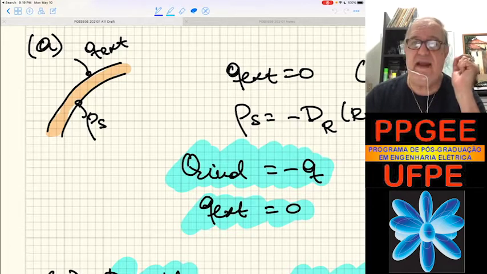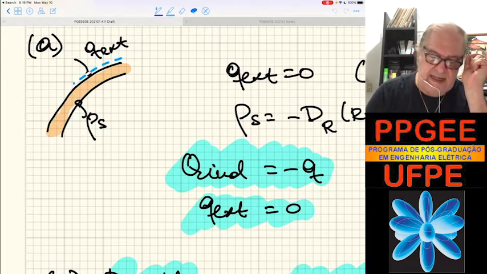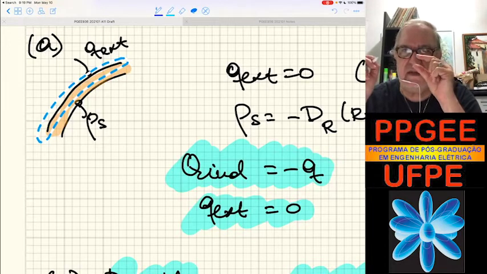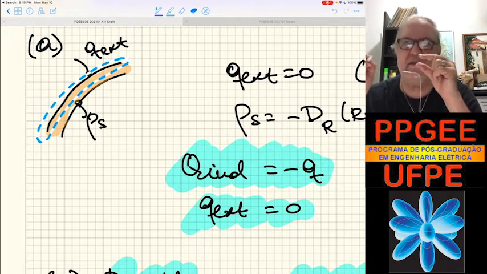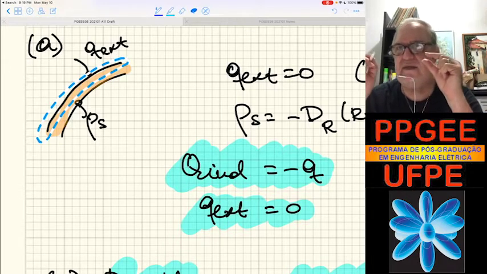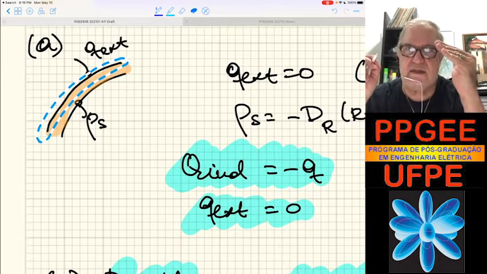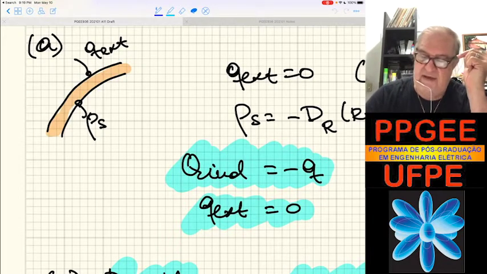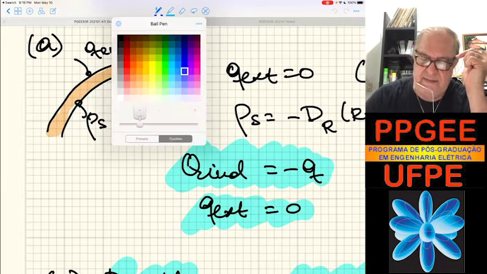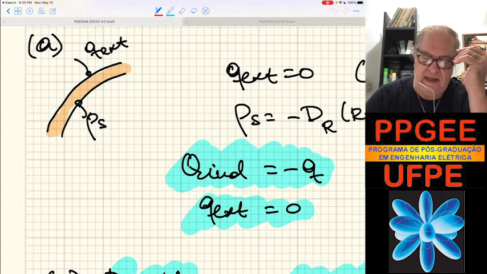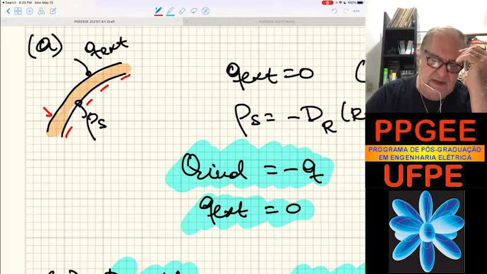Outside we don't have an electric field, so on the outer surface of the small thickness of the spherical shell, there's no charge, okay? So even though we have charge inside, let's say plus charge or minus, depending on the sign of Q, this can be a negative charge here. There's no charge on the outer surface.